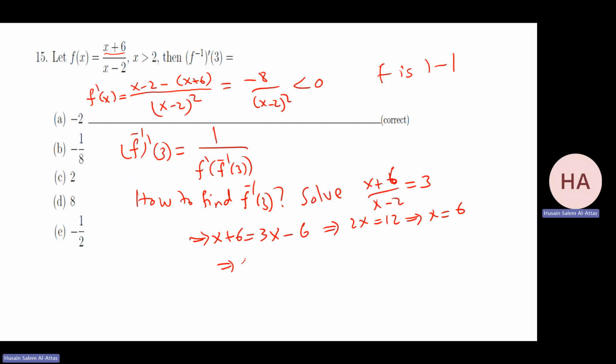So that means f inverse of 3 equals 6. So that will be 1 over f prime at 6. Substitute it here. I have what? 1 over minus 8 over (6 minus 2) squared, which is 16. So it will be 1 over minus half, which is minus 2. So that will be the answer.